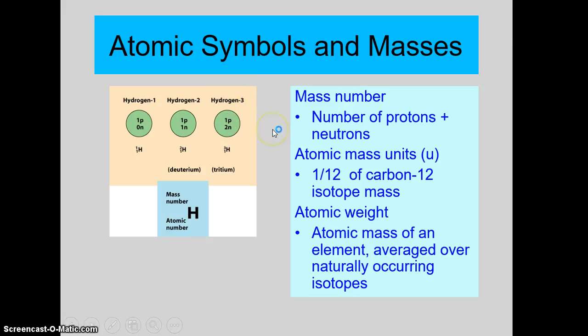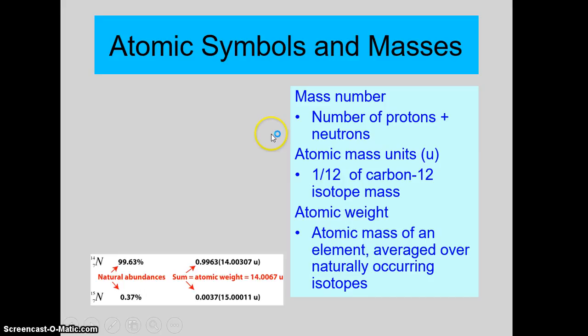For different elements, let's take a quick look at an example. On the Earth, most of the atmosphere is made of nitrogen 14. Nitrogen is element 7, so nitrogen 14 has 14 minus 7, which is 7 neutrons.